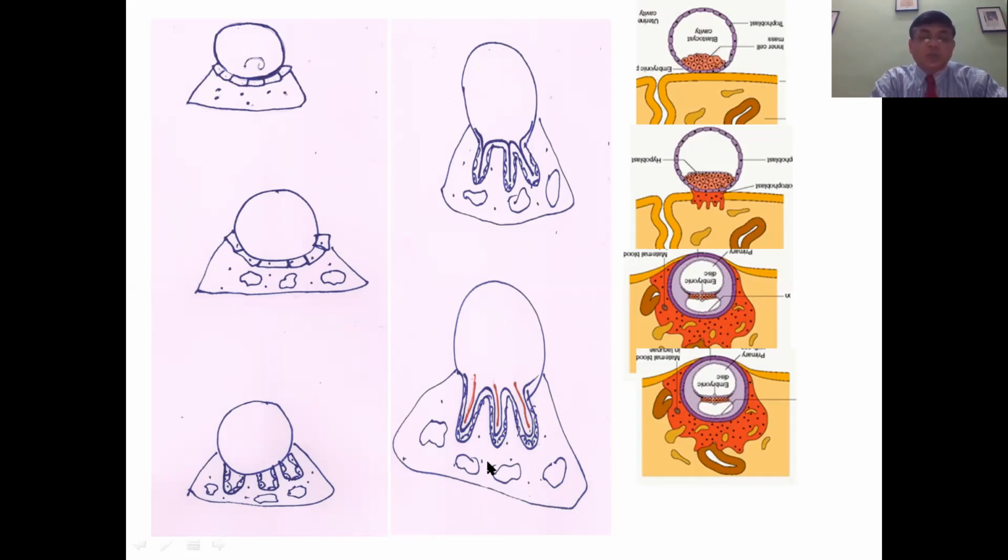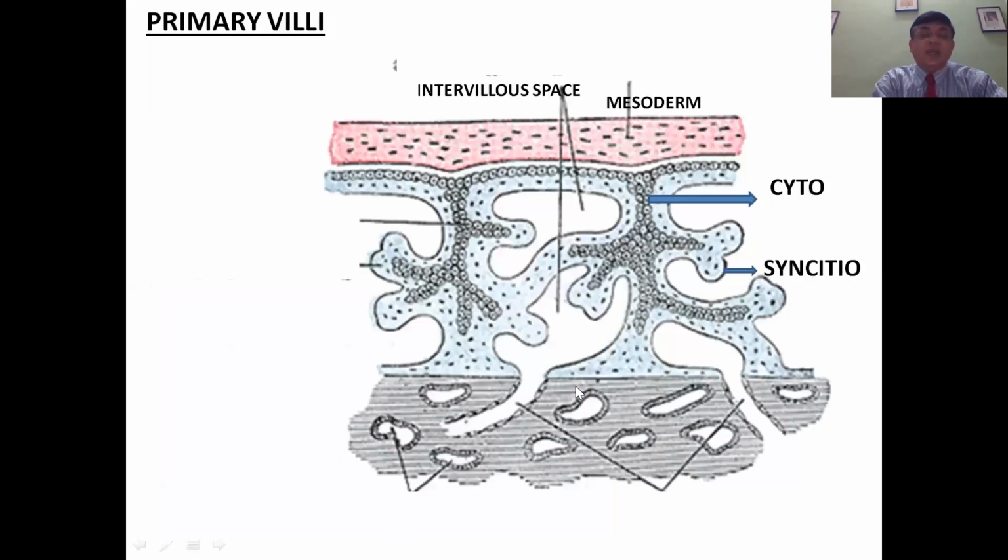So we have the syncytial trophoblast joined by the cytotrophoblast, joined by the extraembryonic mesoderm, through which now run the fetal blood vessels. So these villi, where we see only the syncytial and cytotrophoblast, are called the primary villi. When they are joined by the extraembryonic mesoderm, they are called the secondary villi, and where they are joined by the blood vessels, they are called the tertiary villi.